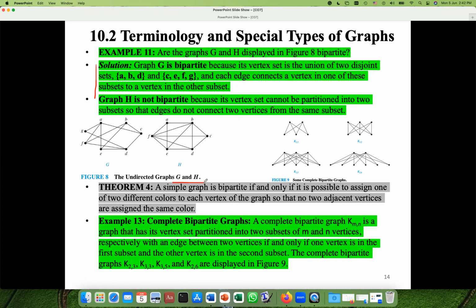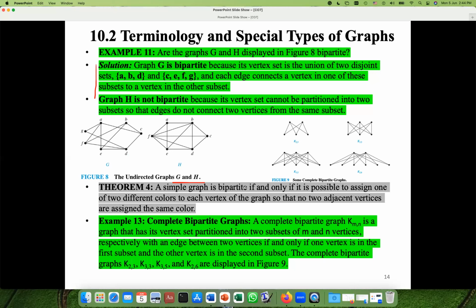If you have some simple graph given to you, that would be bipartite if you start assigning colors to each vertex. You will use only two colors, red or blue, or maybe red or green, but two colors. One for V1, other for V2. One for the first partition, other for the second partition.